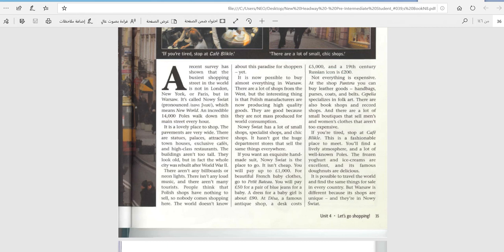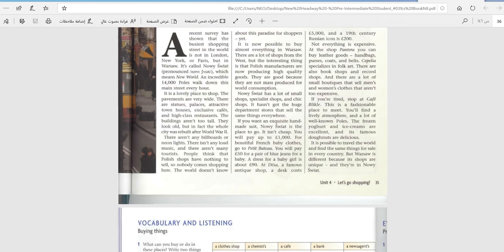There are also book shops and record shops. And there are a lot of small boutiques that sell men's and women's clothes that aren't too expensive.